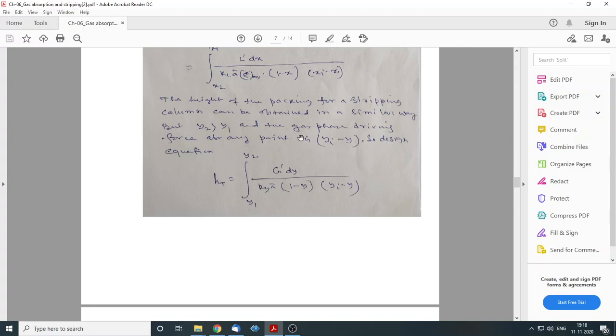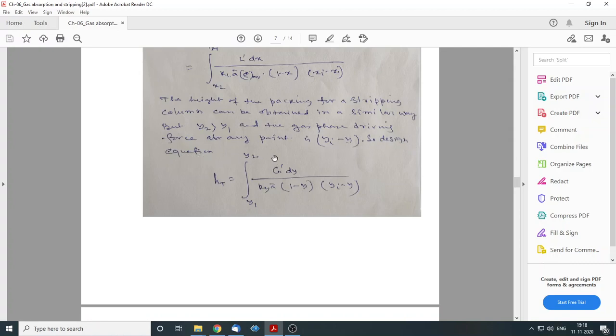Now the height of packing for the stripping column will be obtained in a similar way, but in that case y2 will be greater than y1. The gas phase driving force will be yi minus y.